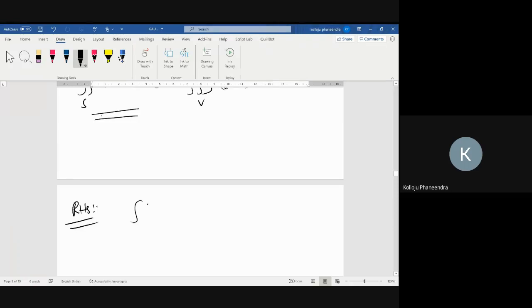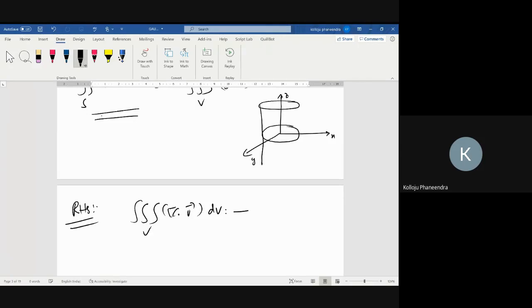RHS: the triple integral over V of del dot v bar dV. Now what is the surface actually? I'm giving the figure here. This is the z axis, x axis and y axis. This is the cylinder x square plus y square equal to 16. This is the shape of the cylinder.